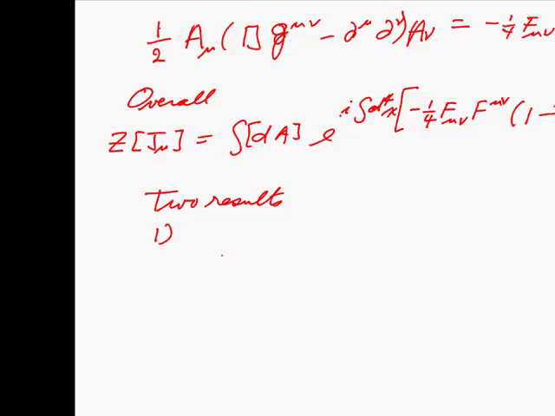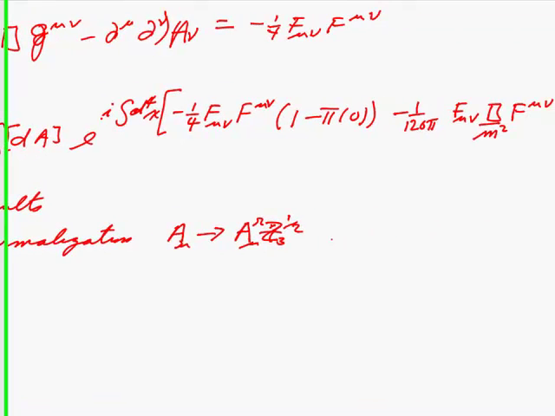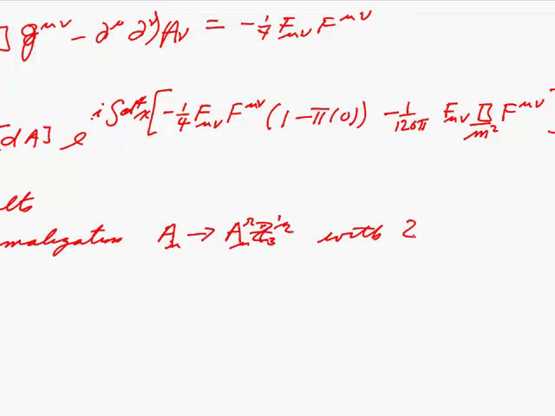One is the renormalization. If we take our field A and change its normalization, A_R, by a factor of z3 to the 1/2, with z3 equaling 1 over 1 minus pi of 0.